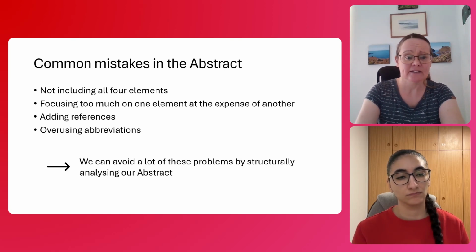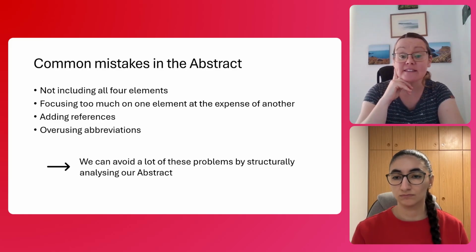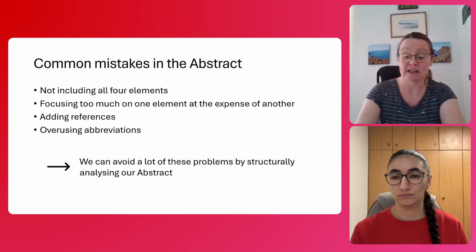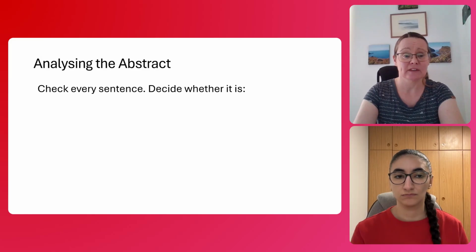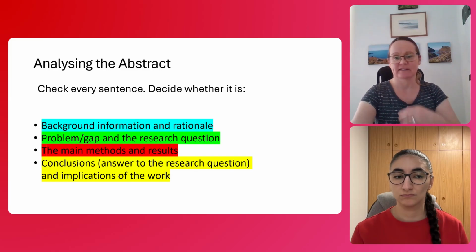Okay, and particularly those first two problems, we can avoid them by doing a structural analysis of our abstract. This is something that I do with my students. I ask them to do a little color code experiment.